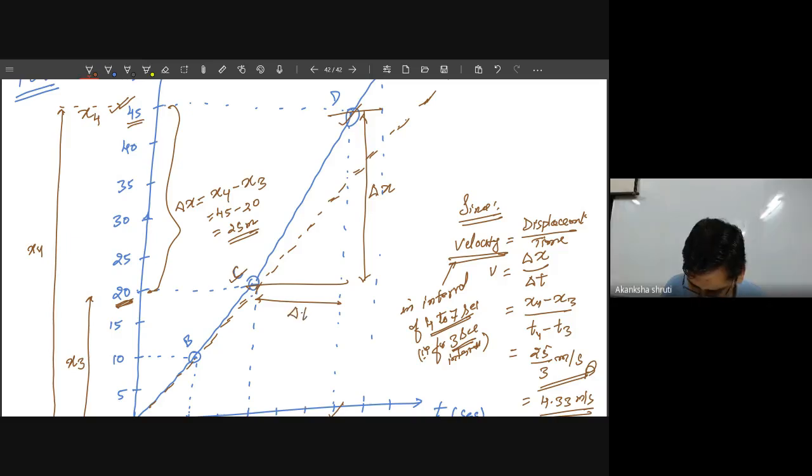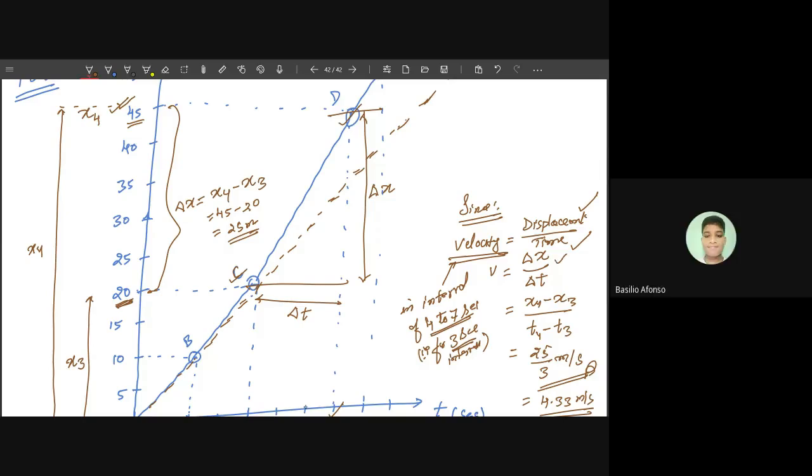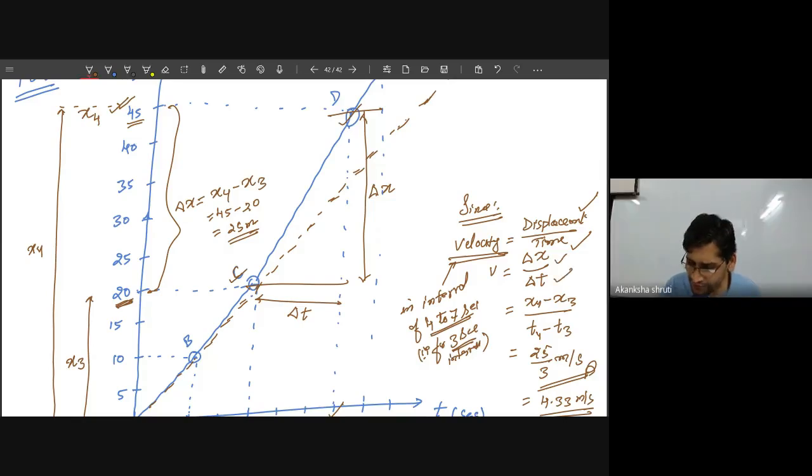So taking the ratio of vertical axis difference by the horizontal axis difference, means on vertical axis we have the position or displacement, and on horizontal axis we have the time. So taking this ratio, it gives the ratio of displacement by time or ratio of position change delta x by delta t. So therefore it gives us velocity.